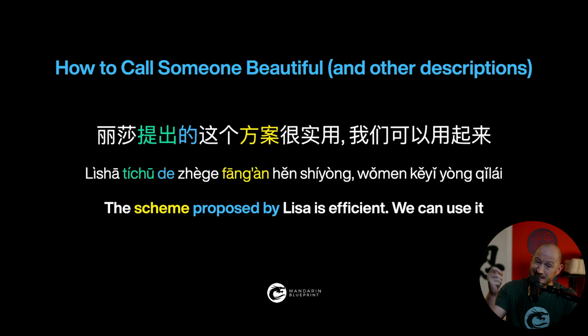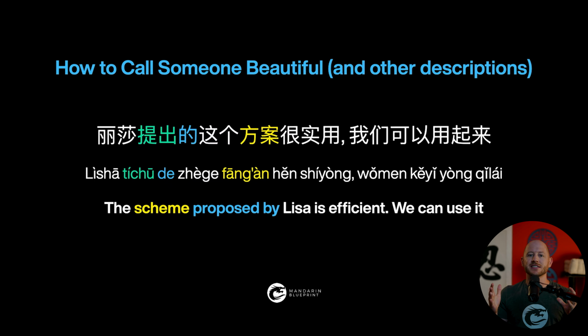And it's not just this plan. It's the plan that was brought up by someone. 提出的这个方案. But it wasn't just anyone, it was 丽莎提出的这个方案, right? So it was Lisa's plan that she brought up. This plan that Lisa brought up, right? You keep adding stuff on, and then what's cool is that you're then continuing to describe it after.